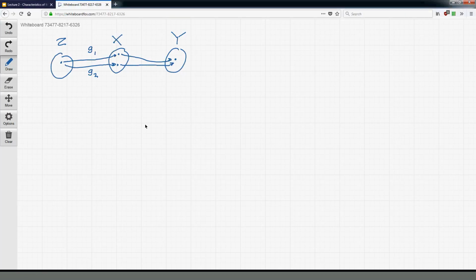Actually, there's one thing to note. Let's draw a little diagram here. We've got A, B. Here's an arbitrary morphism, right? And here's our terminal object. And we have two arrows.